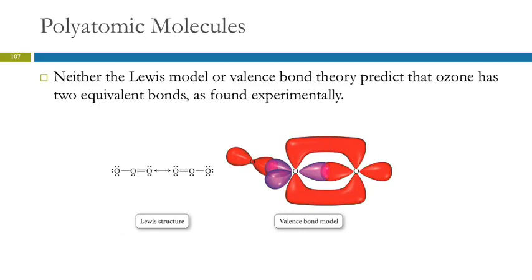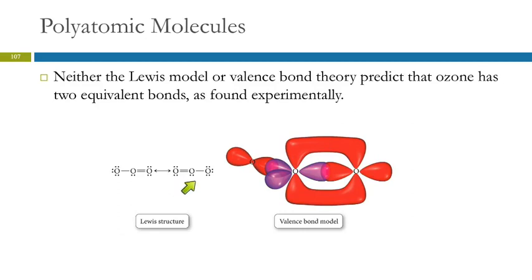So a couple more things that molecular orbital theory explains that Lewis and valence bond theory do not. So we talked about resonance, and we looked at the Lewis structure for ozone, and this is the best that Lewis structure can do. Draw both possible structures, a double-headed arrow in between, and we interpret that to mean that the actual structure is between that.